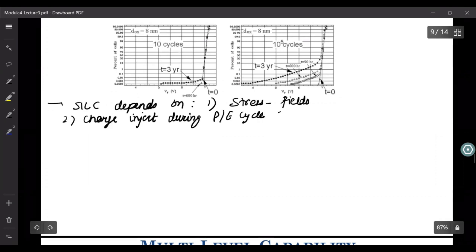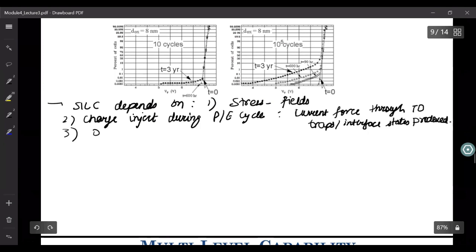Because the amount of charge dictates the current that you force through your tunnel oxide, and that kind of dictates the number of traps or interface states that you produce. And the third factor is oxide thickness.